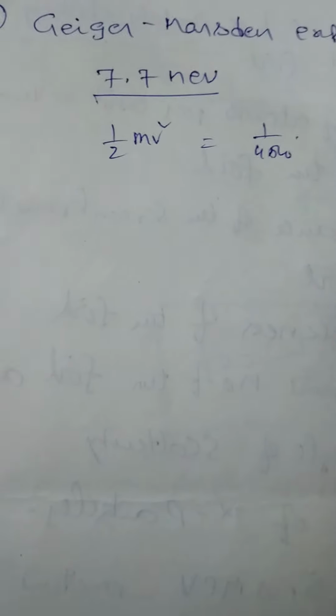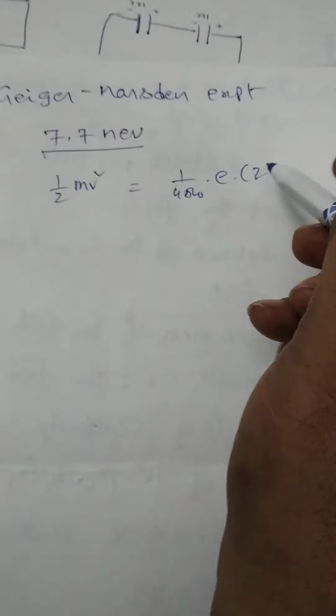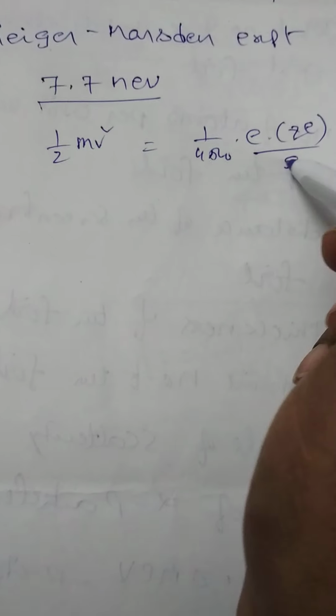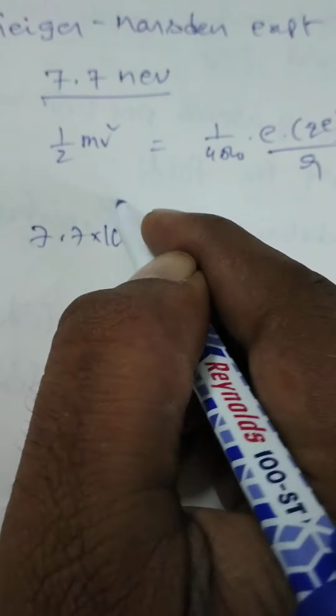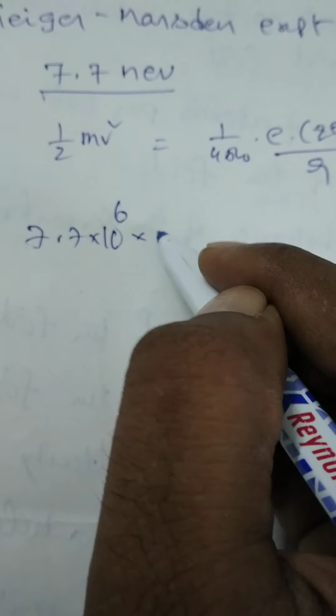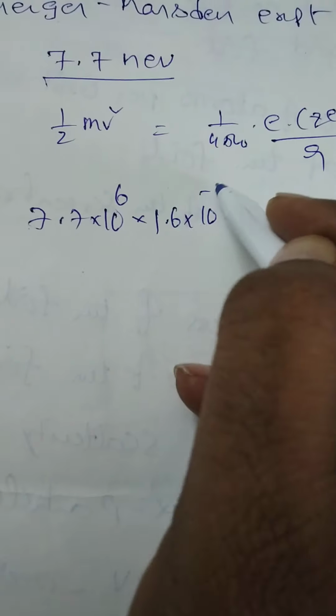The same way, half mv square is equal to 1 by 4 pi epsilon naught into e into Ze by r. Same problem.